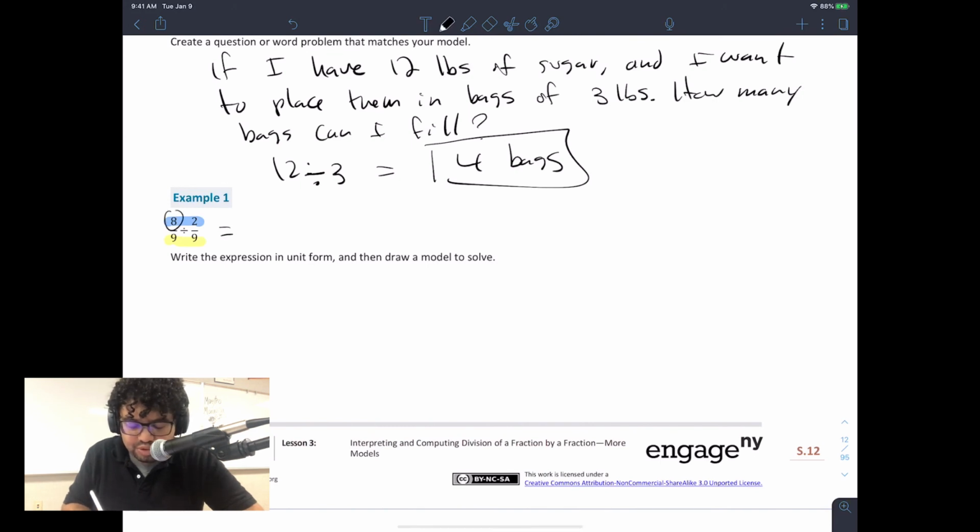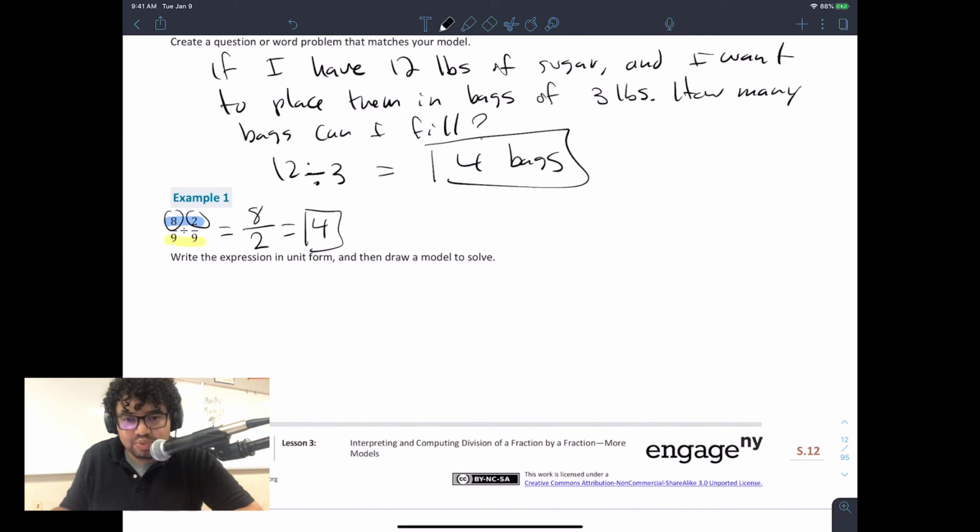So 8 divided by 2 simplifies to 4. But remember, this only works if the fractions have a common denominator.